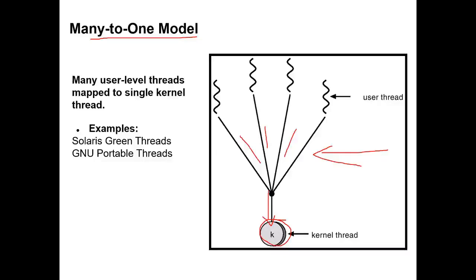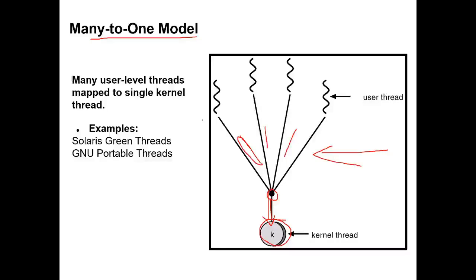Multiple threads cannot run in parallel here, because only one thread can access the kernel at a time. Concurrently, many threads cannot work here because the kernel is accessing only one thread.